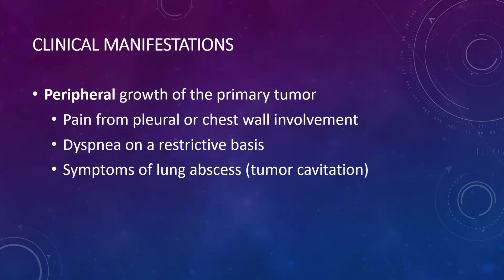While if your tumor is growing peripherally or close to the pleura, then you might encounter pain from the pleura or chest wall involvement, dyspnea because of the restriction, and even symptoms of lung abscess. Now, if there is tumor cavitation, then that patient might come in with fever, cough, and purulent sputum, similar to lung abscess patients.